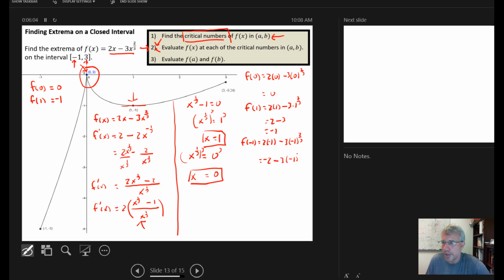There's a 2 in the numerator, so it's -1 squared, and then we're taking the 1/3 root of that. -1 squared is 1, and the third root of 1 is 1. So we just get -2 minus 3 equaling -5, and that's matching up with what the graphical evidence is telling us. So f of -1 generates an output of -5.